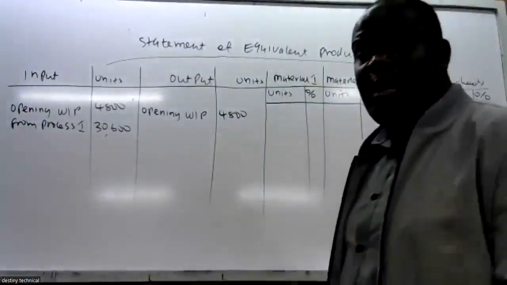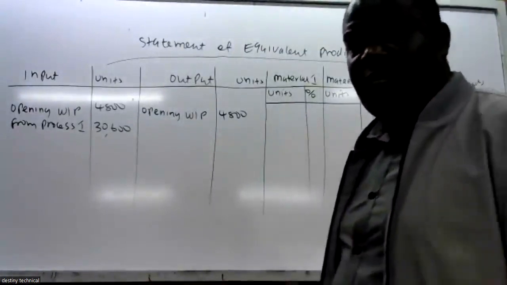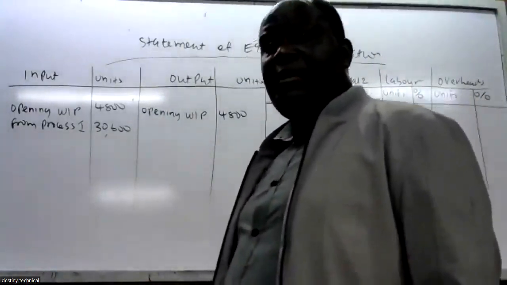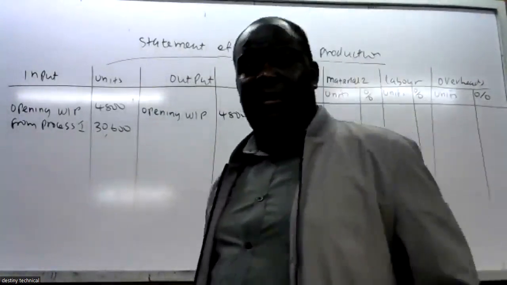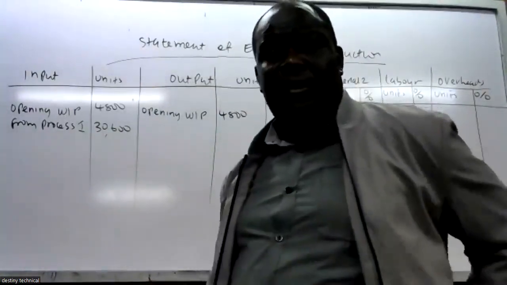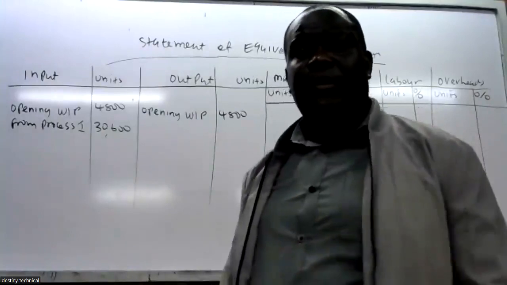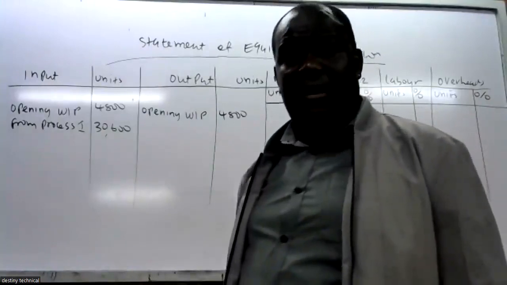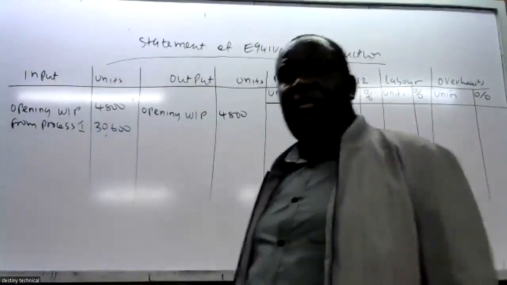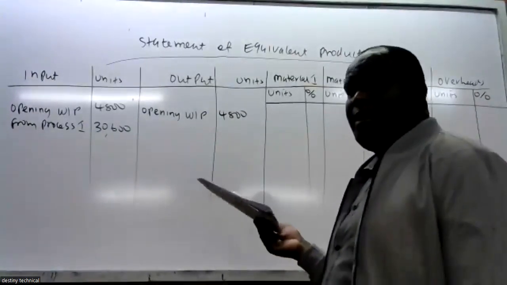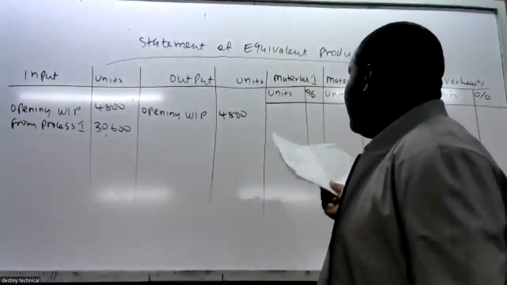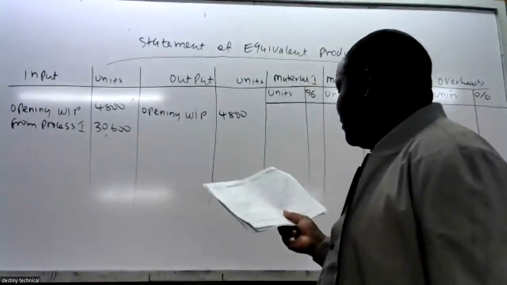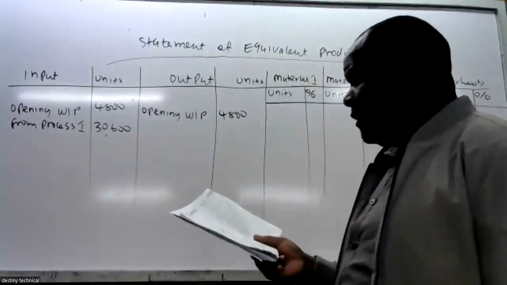So this question had two types of materials. Material one is what was transferred in from the previous process. Then material 2 is what was incurred in that process. So that material 1 is what was transferred in.